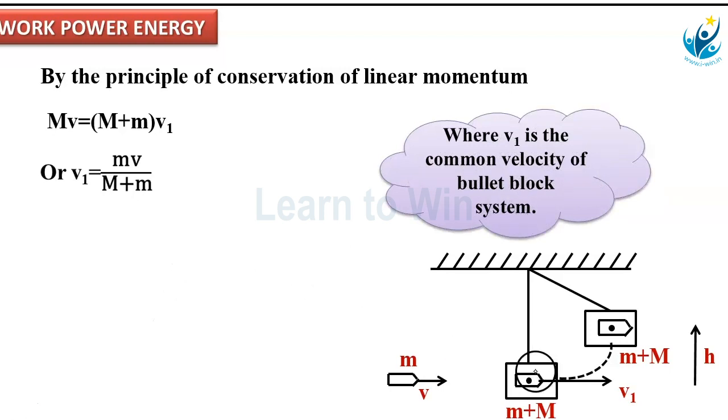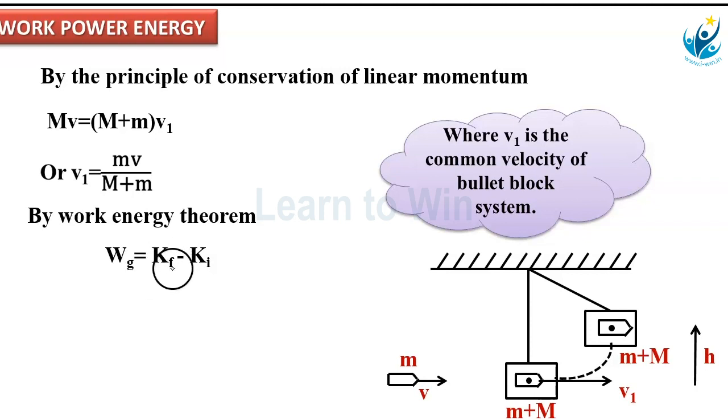Now with this v1, it rises to a height h. This is the maximum height, which means at this point the combined mass velocity is 0. Final velocity is 0. What is the initial velocity for the combined mass? v1. The change in kinetic energy is the final kinetic energy 0 minus the initial kinetic energy, half into capital M plus small m into v1 square. Work energy theorem: work done by gravity equals change in kinetic energy.